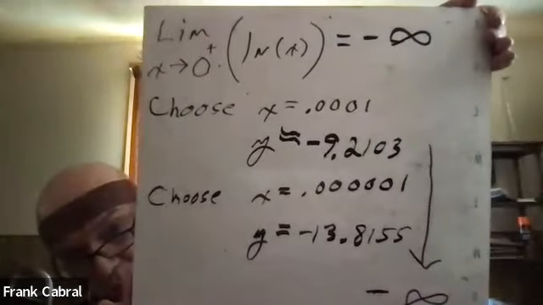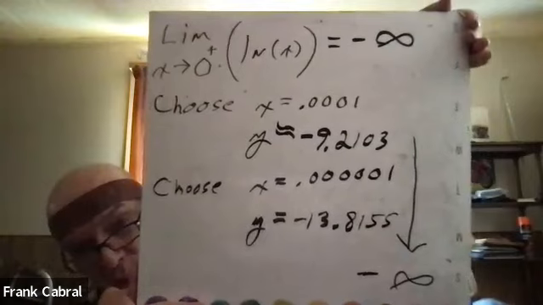So the closer and closer we get to 0 coming in from the right, this thing is headed for negative infinity. So the answer here to this limit question is negative infinity.